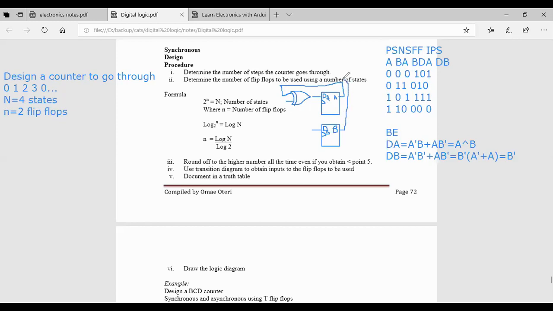I can also pass it here. And it goes to the input, it passes through that. So I've done DA. Now, remember this B bar. That's B bar. So we have been told that DB is equal to B bar. So you pick B bar from here, just take it and feed it back here.